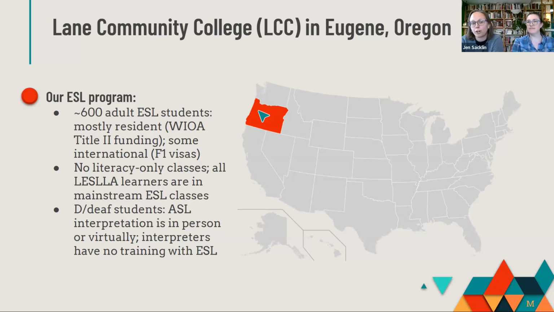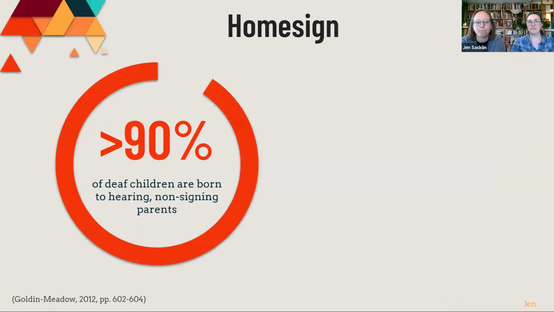Those interpreters can join our classes in person or remotely, depending on interpreter availability. But it's really important to understand that these interpreters are trained to be interpreters. They translate one-to-one what is said in English in the ESL classroom to standardized ASL. They do not have any sort of training in working with ESL classes specifically.